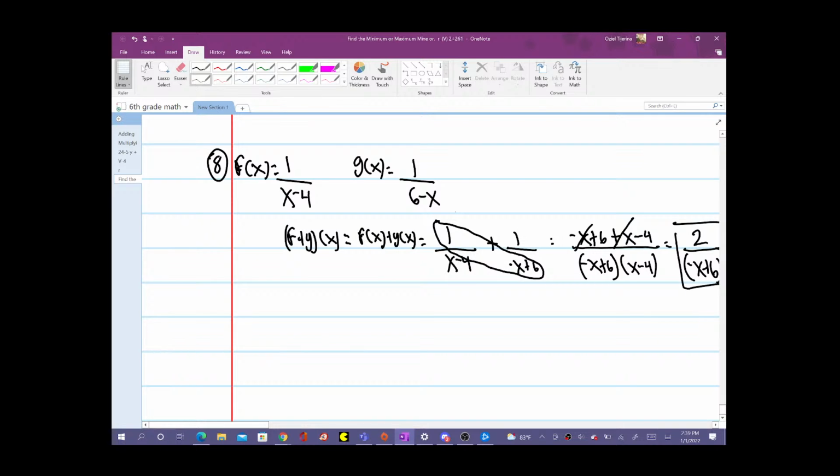Now what about f minus g of x? So this becomes f of x minus g of x. This becomes 1 over x minus 4 minus 1 over 6 minus x.